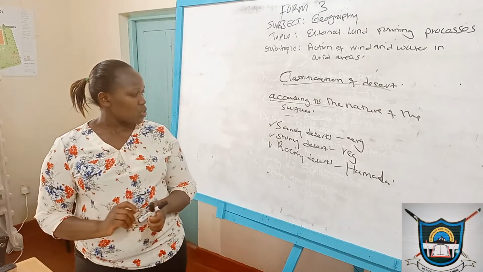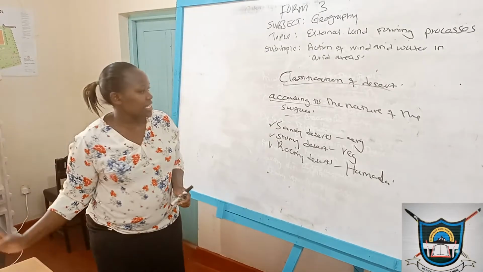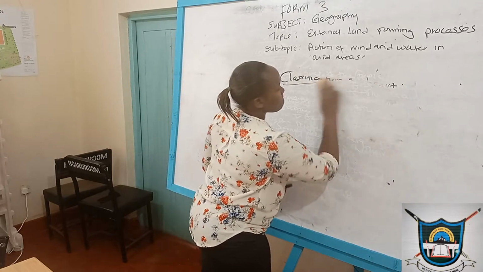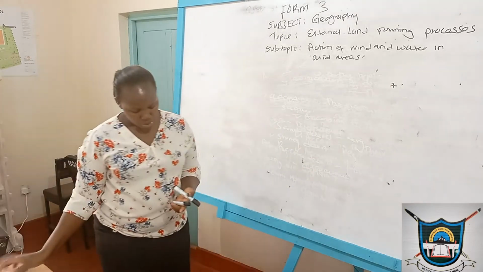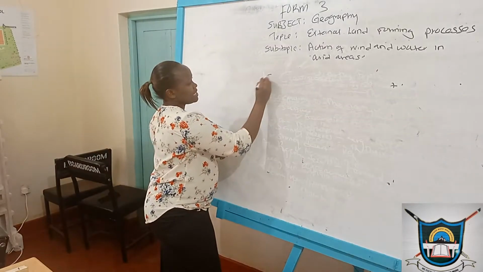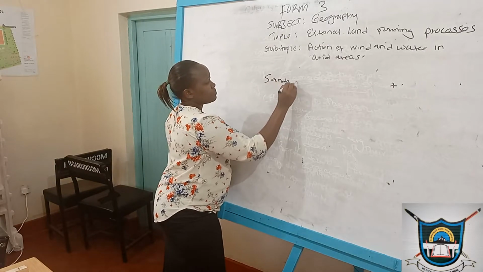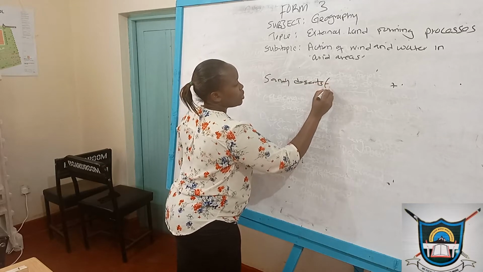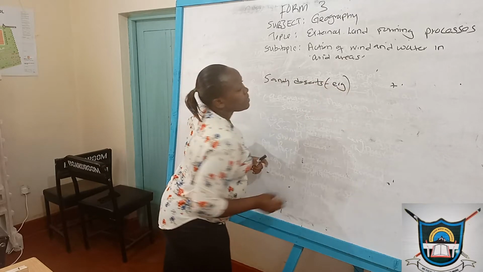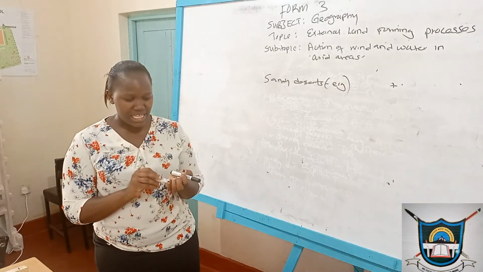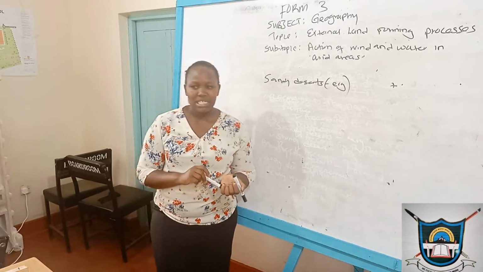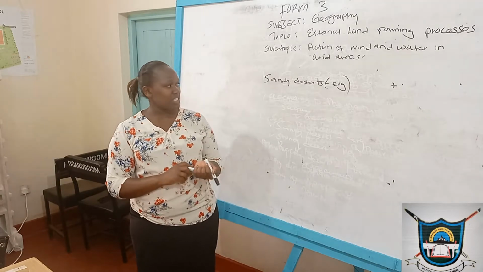So we start with the first one, the sandy deserts, also called erg. This type of desert, their surface is covered with sand.